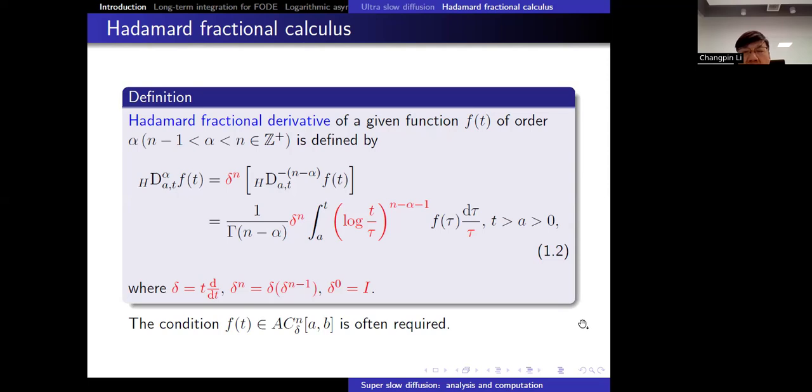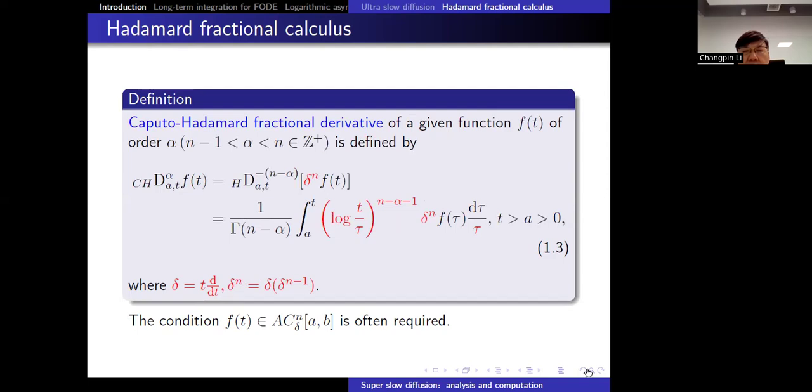We can introduce another kind of derivative, the Caputo-Hadamard fractional derivative. f of t is given, with its order alpha with respect to the derivative like this. It just changes the order of the differentiation and the integration. So differentiation in the sense of delta derivative first, then fractional integration like this.